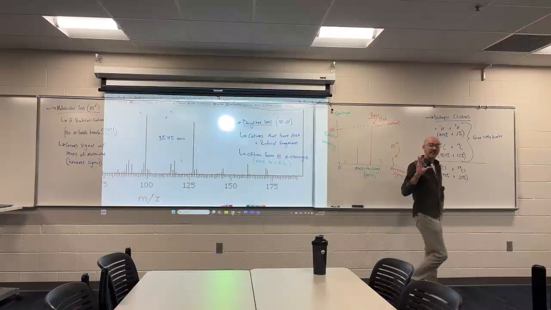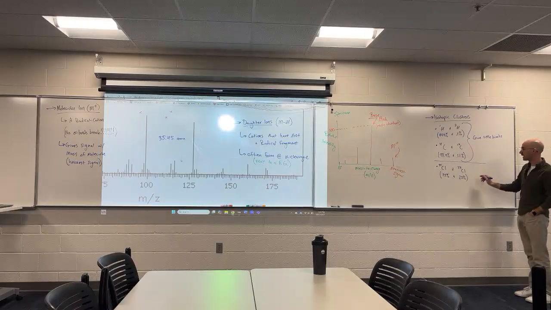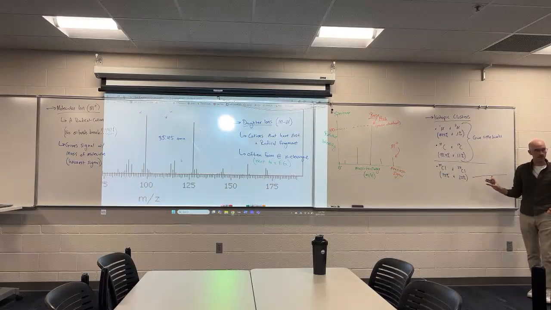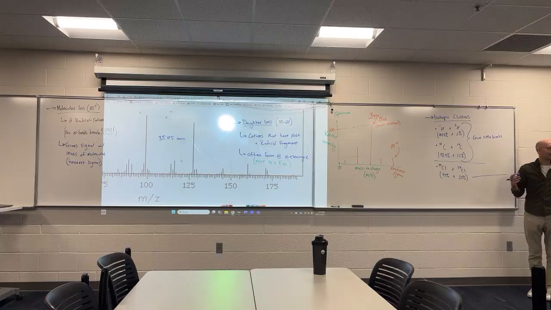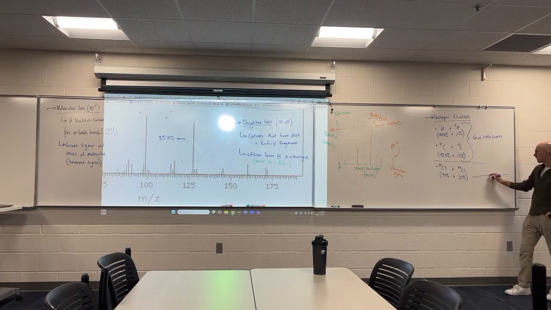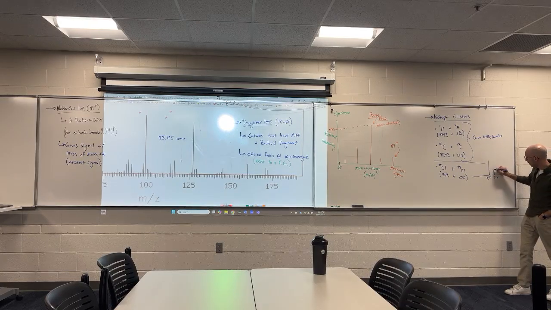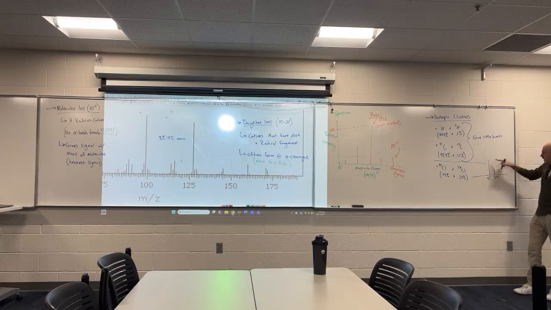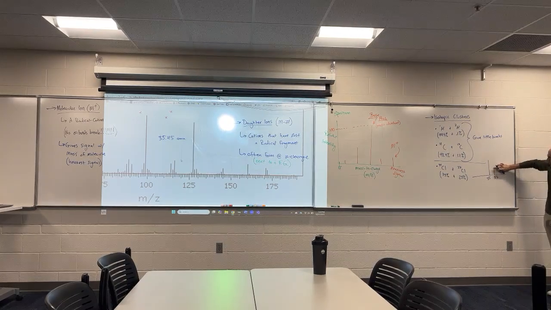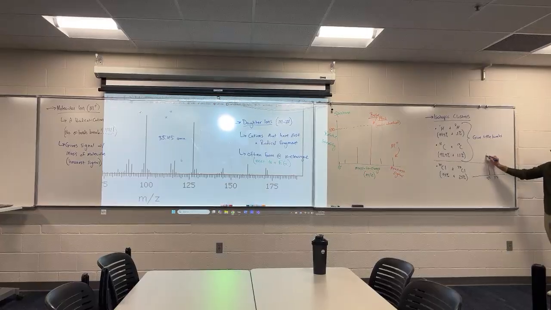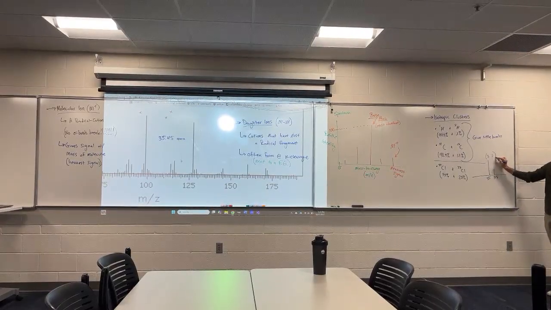So if the chlorine atoms or the chlorine ions were ever to hit the detector, they would give this ratio of peaks, 35, 37, with a roughly 1 to 3 ratio. Or 3 to 1 ratio if you're reading it from left to right.